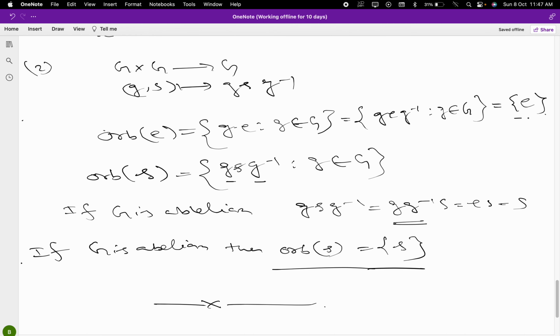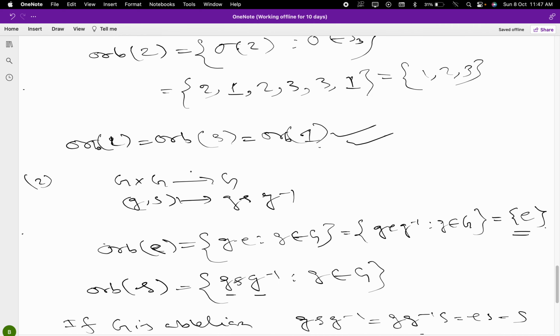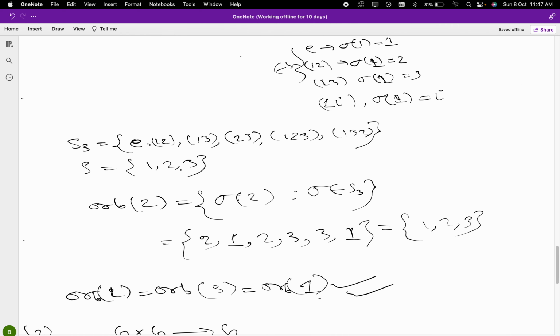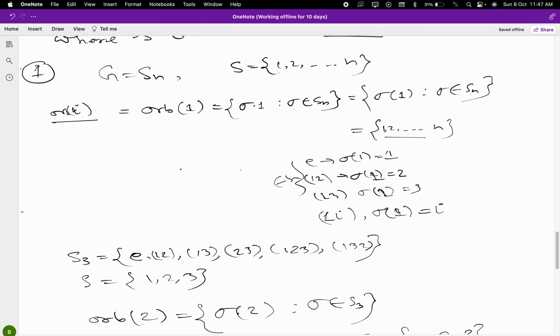So this will give us only the single element, the identity. The identity goes to the identity, and the orbit of any element s, if G is abelian, goes to the singleton {s}, right? And the example I defined earlier, the orbit of 1. Yeah, so this much is for today, right?